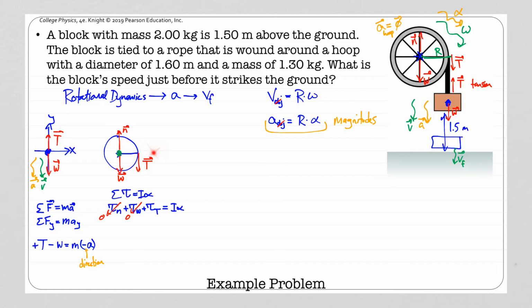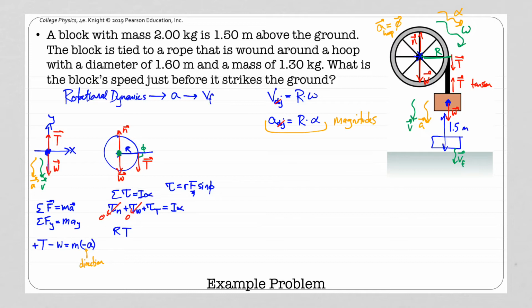If I look at the tension, my torque is going to be r F sine of phi. So the torque for tension is going to be capital R, the radius of the hoop. The F in this case is capital T, the tension, and in this case we extend our radial line, and phi goes from the extension of the radial line to the direction of the tension vector.